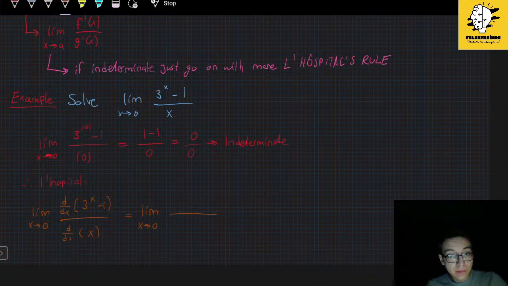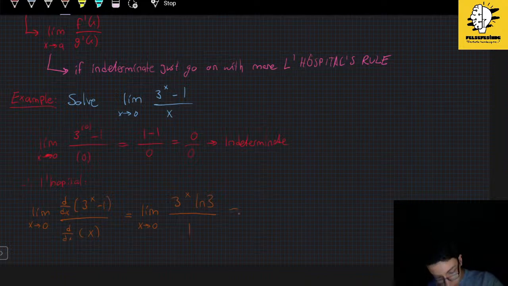Therefore, this will be equal to 3 to the power x ln 3, am I right? And below I have only 1. Everything is correct, I hope.